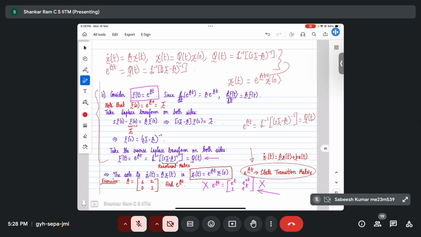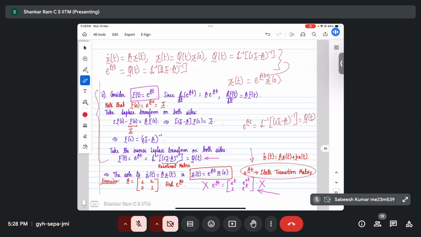The question is, if you and I want to solve a system model, let's say we consider any problem in vehicle dynamics and we represent the model in state space representation, you and I want to solve for the state vector and do control based on that. The question is, how do we solve for the state x of t? Because x of t is e power At x0.